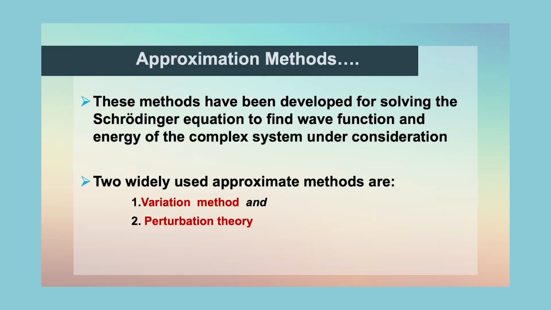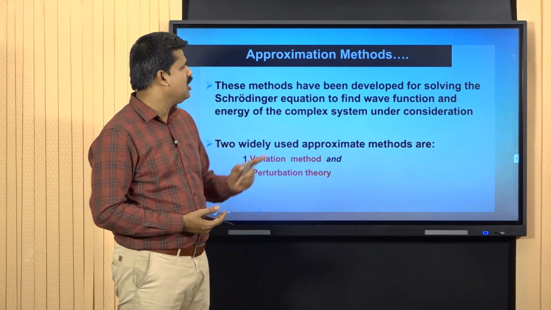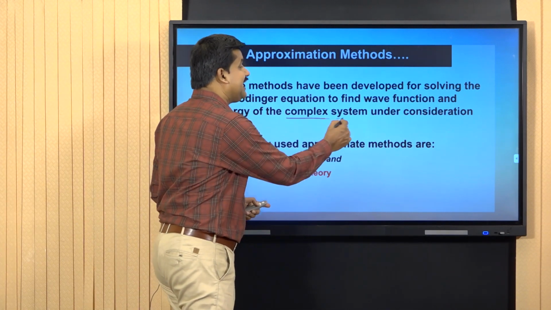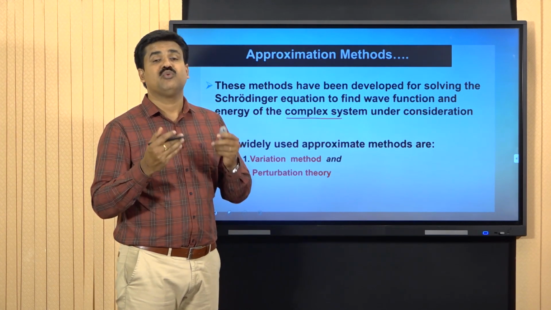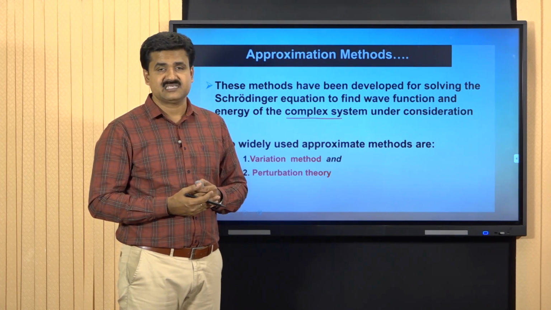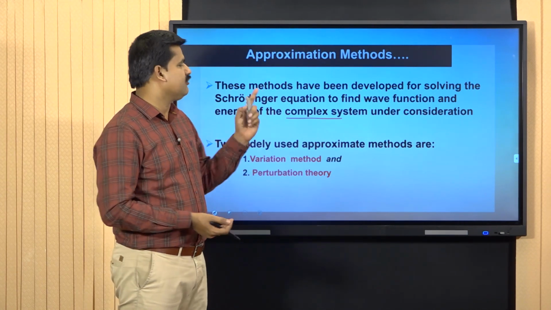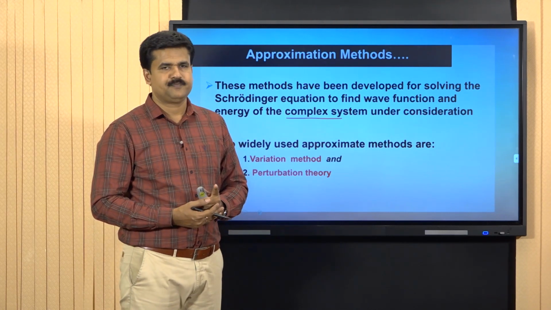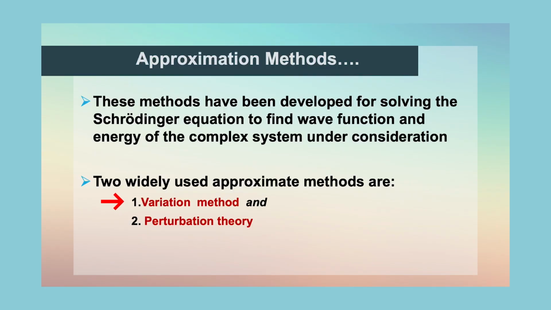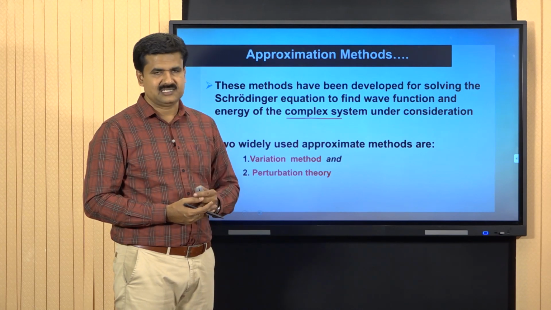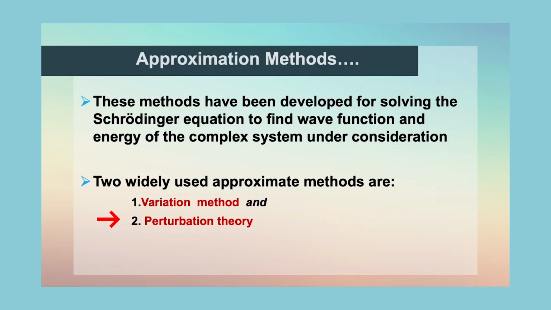Approximation methods have been developed for solving the Schrödinger equation to find the wave function and energy of complex, many electron systems under consideration. There are two widely used approximation methods in quantum mechanics. The first and most popular method of approximation is the variation method. The second approximation method is the perturbation theory.